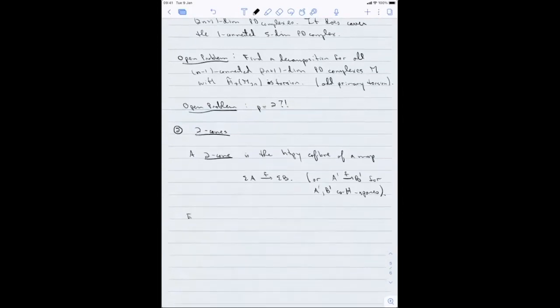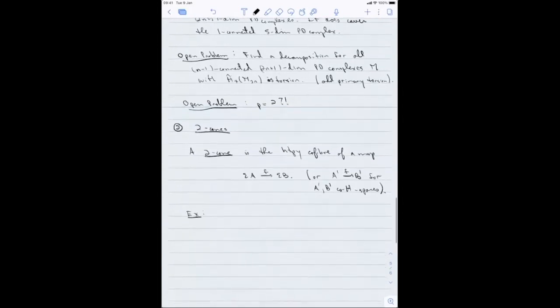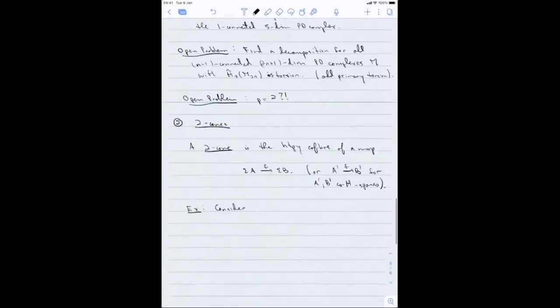So, for example, an example we've been talking about is many of these Poincaré duality complexes. So these n minus 1 connected 2n dimensional Poincaré duality complexes, right? You had a 2n minus 1 sphere attaching to a wedge of n spheres to produce the Poincaré duality complex, and that's exactly a two cone.